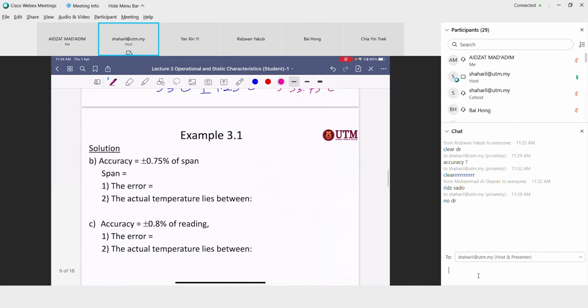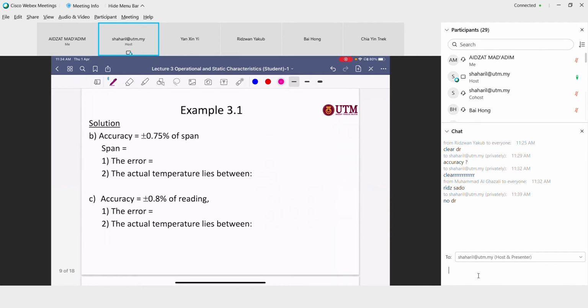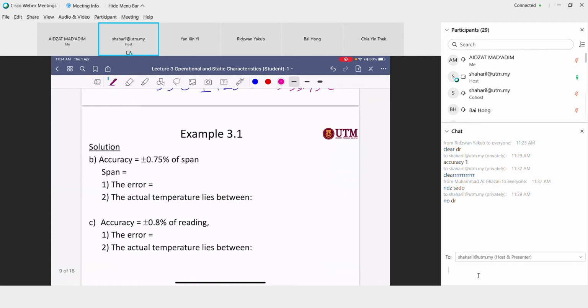Done. Okay, so I think this one is simple. For 0.75% of span, you can find the span: 250 minus 20, maximum minus minimum. Then you get 230 degree.